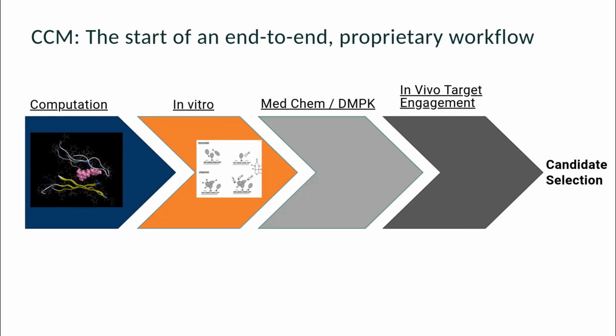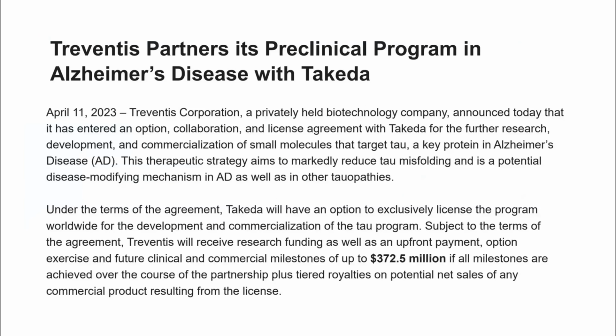That allows us to run the gamut really from zero to preclinical candidate in a given protein misfolding disease and build out a pipeline of drugs focused on these kinds of diseases. Most notably, the work we're doing in Alzheimer's disease. We struck a partnership deal with Japanese pharma Takeda last spring, which has been really accelerating our efforts at Treventis.